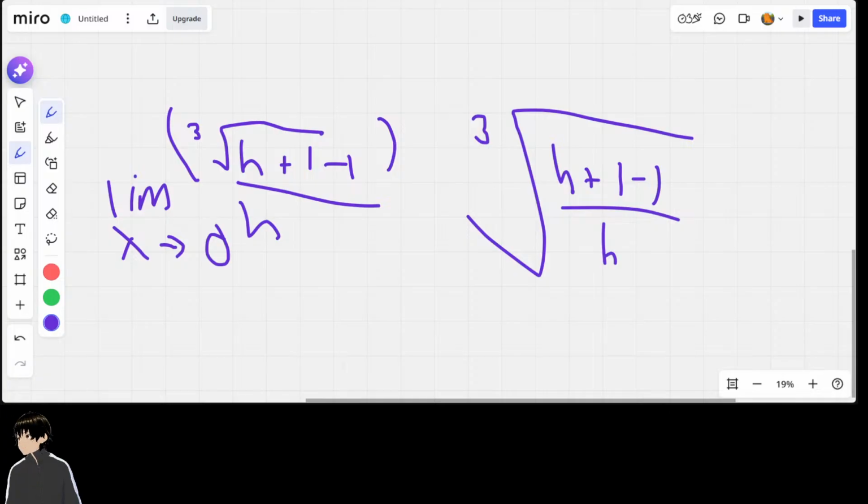Multiply the fraction, boy? What? Why would you multiply the fraction?